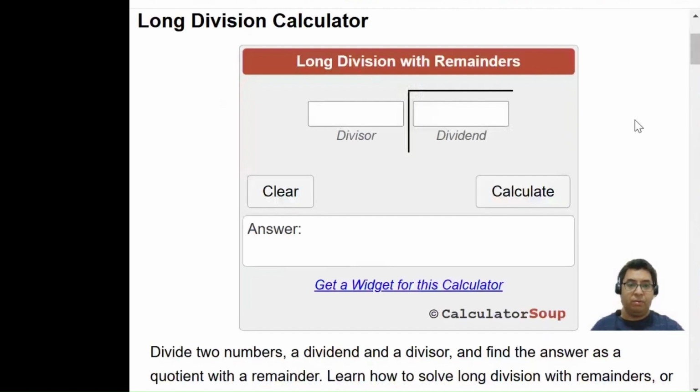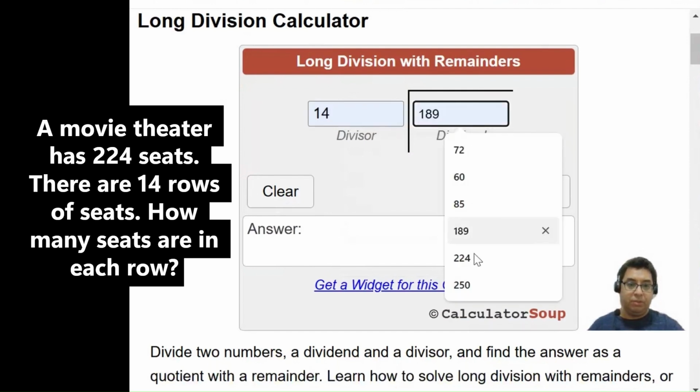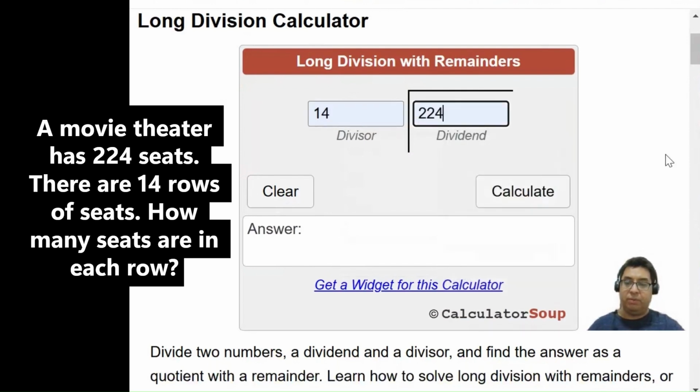And for the fourth problem, we have a movie theater has 224 seats. There are 14 rows of seats. How many seats are in each row? Okay, so for the divisor, we're going to write 14. And then in the dividend, we're going to put 224.